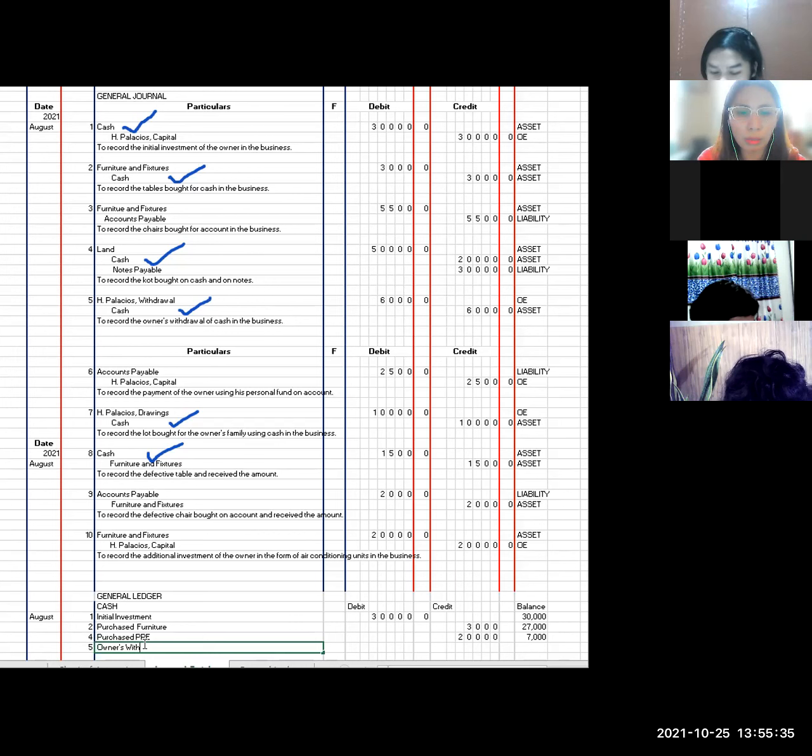Owner's withdrawal or drawings, pwede din. Ganyan na lang. Drawing. Amount of 6,000 pesos. Ayan, magne-negative yung ating balance later. Okay, 1,000 na lang ang amount ng cash.